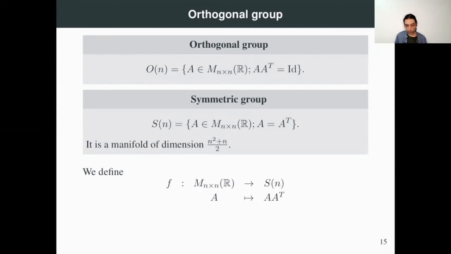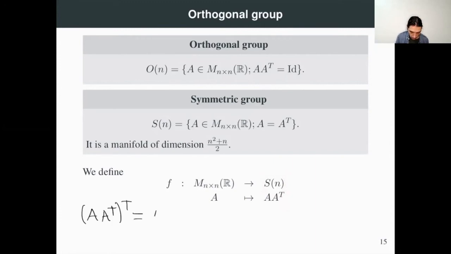And I wrote here that the target space is the symmetric group, because it is. Okay, what happens is that if we consider this product of A and its transpose, and we transpose it, the transpose of a product of square matrices is indeed the product of the transposes, but we have to invert the order.